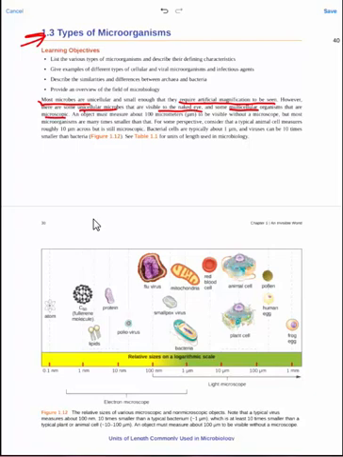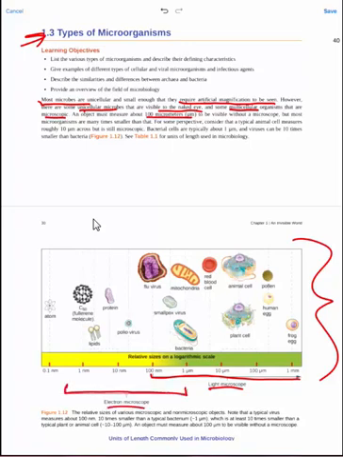An object must measure about 100 micrometers to be visible without a microscope. If you look at this image down here, they show you the area where we can use a light microscope to see different things. Down here, these are so small that we need to use an electron microscope. Even the light microscopes in our labs are not able to see some of these really small items down here.